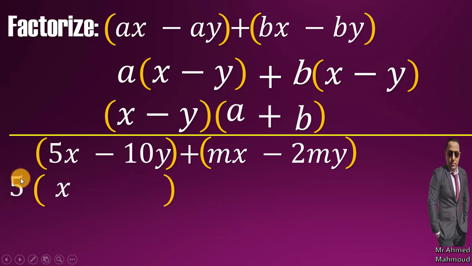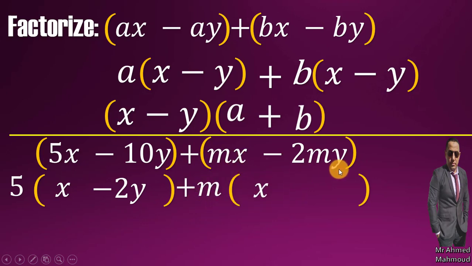Negative 10y divided by 5 equals negative 2y. In the second one, mx minus 2my, I see that m is a common factor. So outside it will be positive m, and inside mx divided by m equals x. Negative 2my divided by m equals negative 2y, because m cancelled with m.